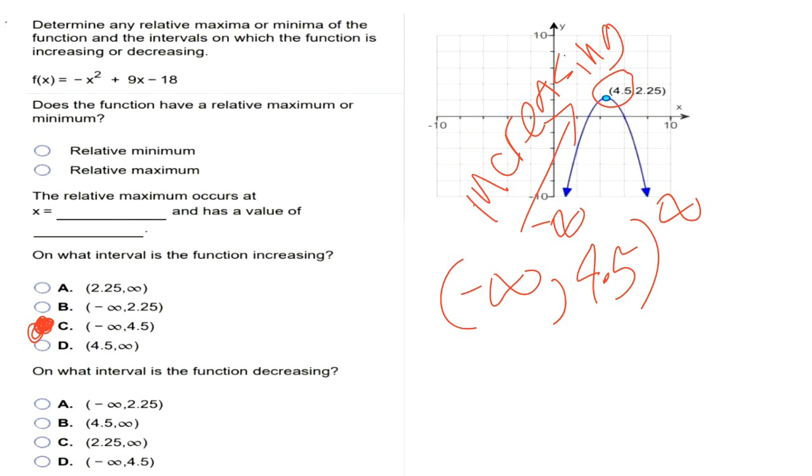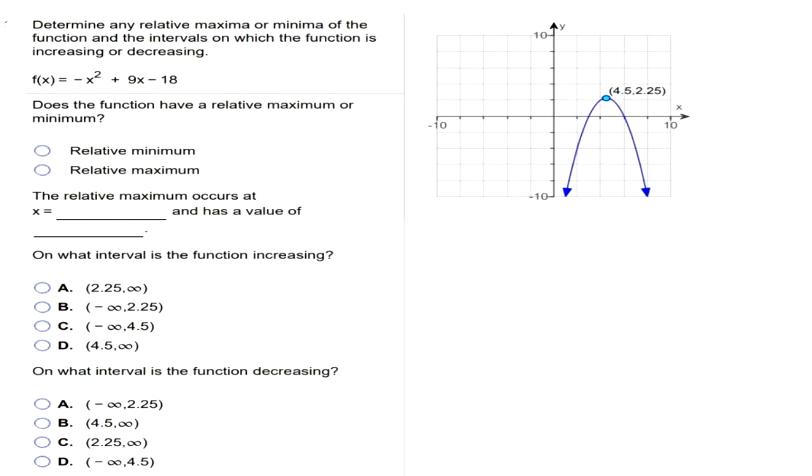And then decreasing is when the graph drops from left to right. So I always want the x is 4.5, and it goes to positive infinity.